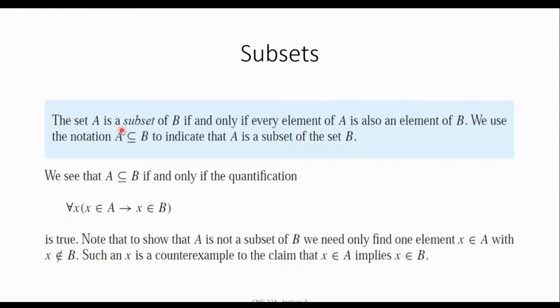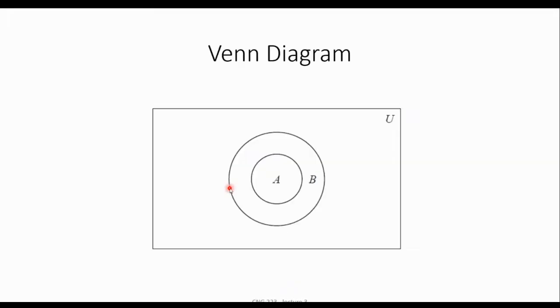The set A is a subset of B if and only if every element of A is also an element of B. And we use this notation for it. You can also define it like this: for all x, x belongs to A implies that x also belongs to B. Let me show you in the Venn diagram, like this example.